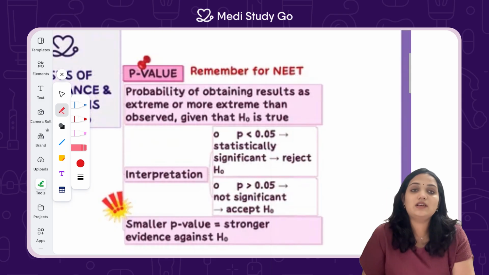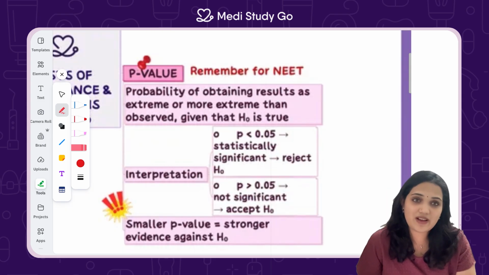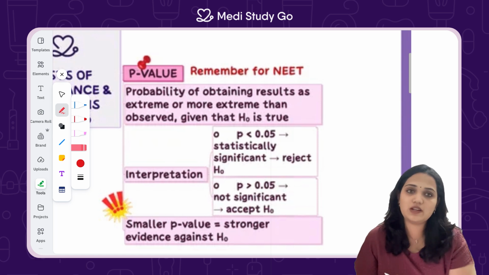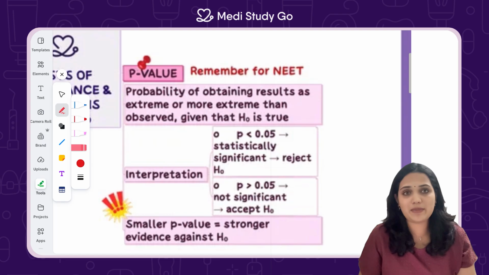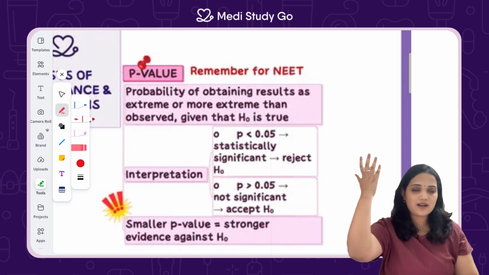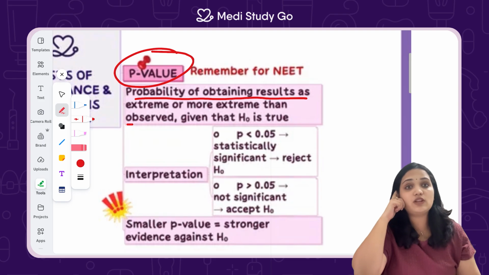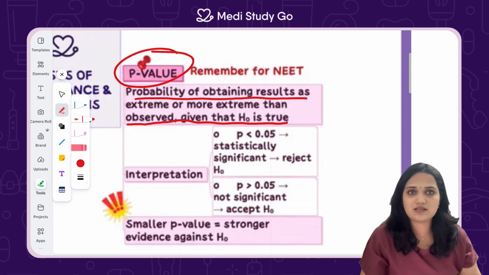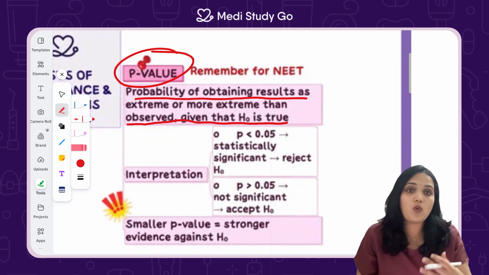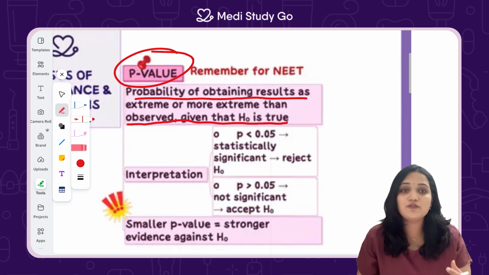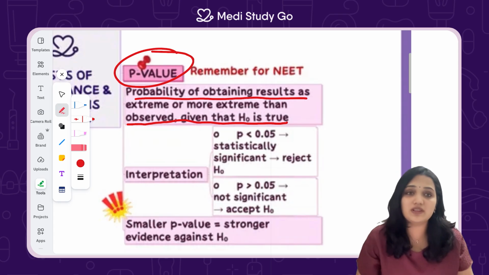Okay? Now comes something called the p-value. This is the heart of the topic. The p-value will tell you how likely your result happened by chance. Now we've tried to understand whether it has happened by chance or not. The p-value will tell you how likely it has happened by chance. So if you have a smaller p-value, it means there is less chance of you being wrong, which means your result was more real.